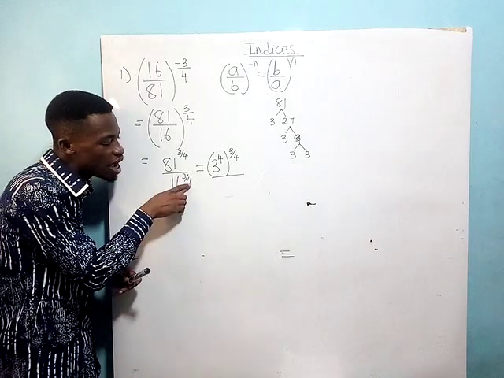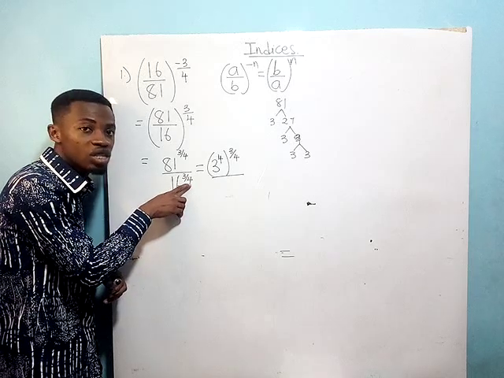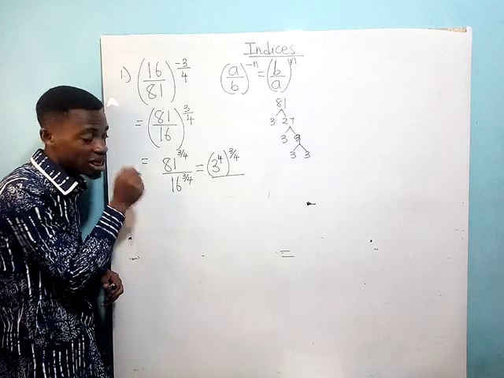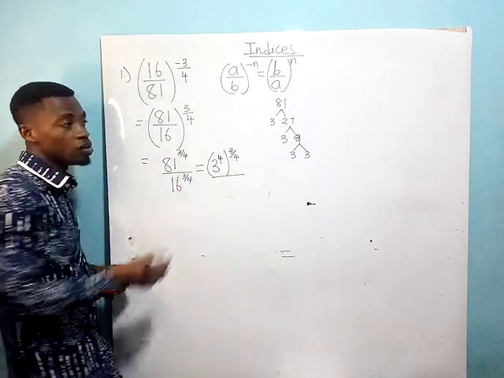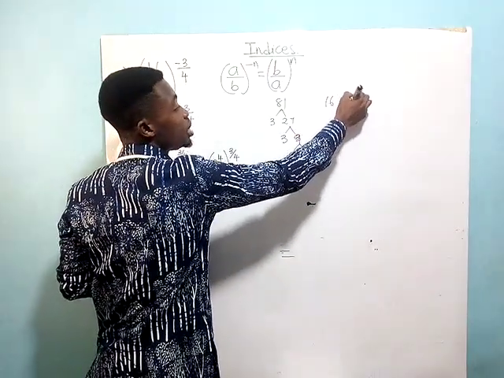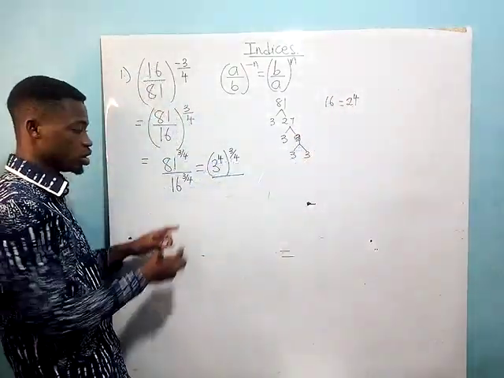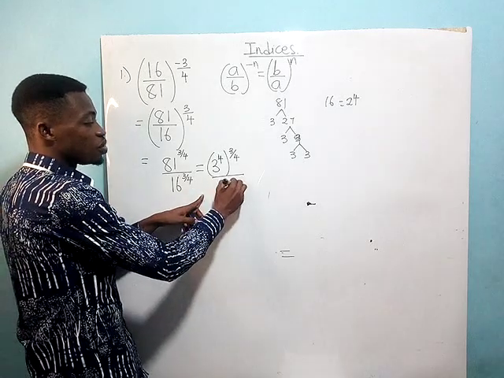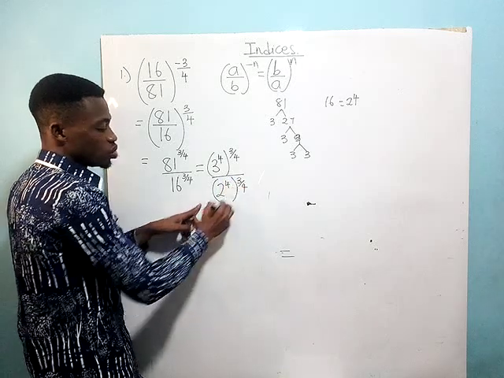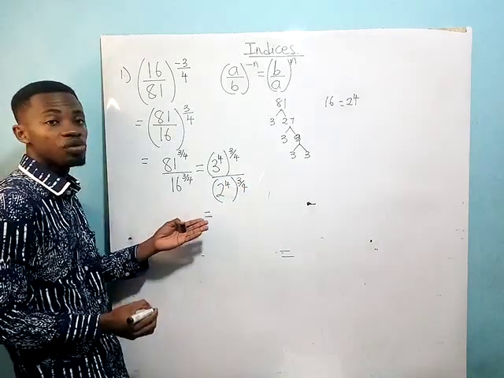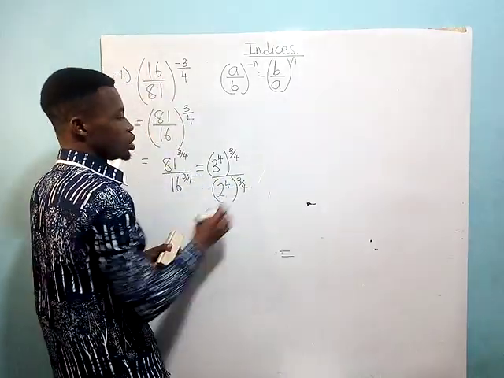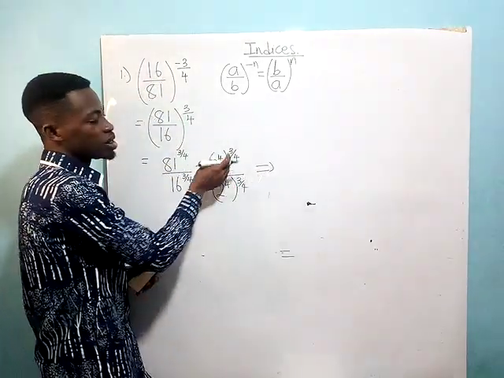Now here too we have a denominator of 4 for the exponent. So ask yourself, how can 16 be written such that it will have an exponent of 4? Apply your factor tree and you are going to obtain 2 to the power 4. So here too we have 2 to the power 4, all raised to the power 3 on 4. And from what we've done so far, we multiply.